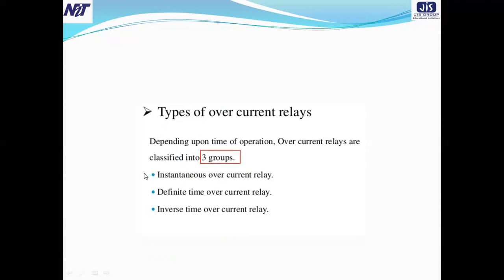So what are those groups? Group one is the instantaneous overcurrent relay, the second one is the definite time overcurrent relay, and the third one is the inverse time overcurrent relay.